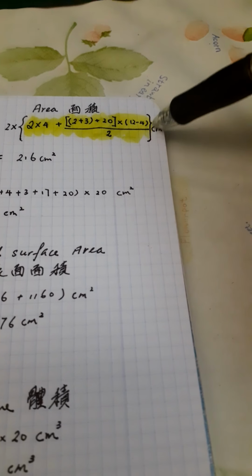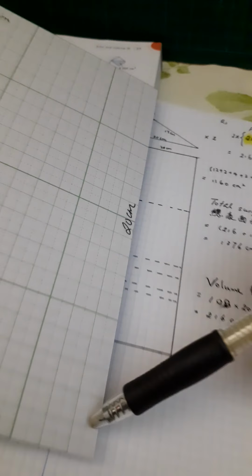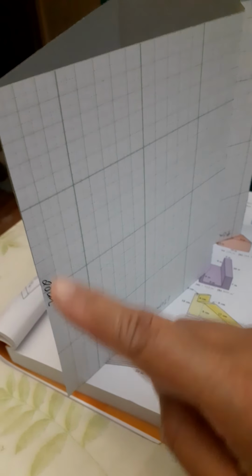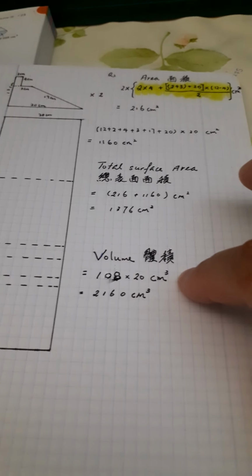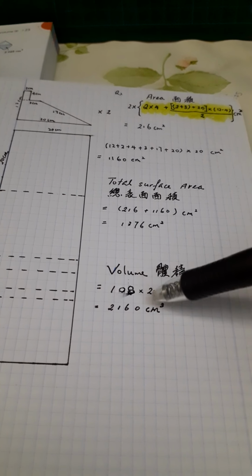Therefore you can just make use of this value. This value should be 108 cm square, and then times the height of the prism. Or you can just look at the prism like that. This is 20 cm, the height of the prism. And we use the base area times the height of the prism, it becomes the volume of the prism.